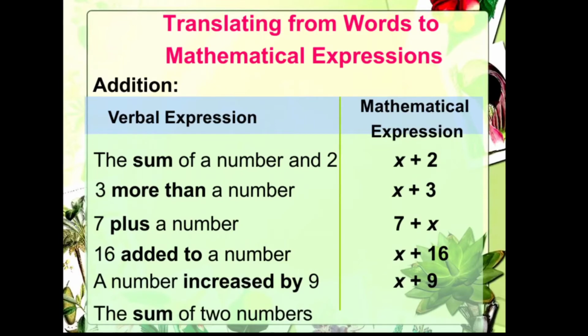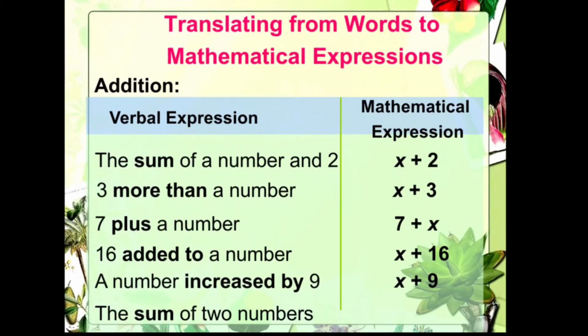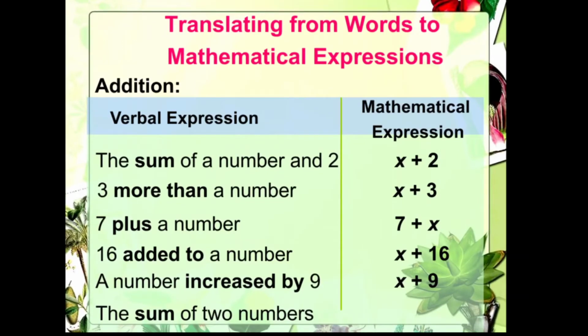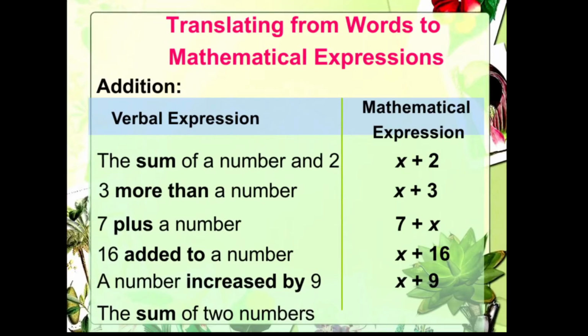Then last, we have the sum of two numbers. As you can see, we have to add the two numbers. But the question is, what are the two numbers? So in this case, we have two missing numbers. And as I said, we can use letters to represent that missing number or that unknown.